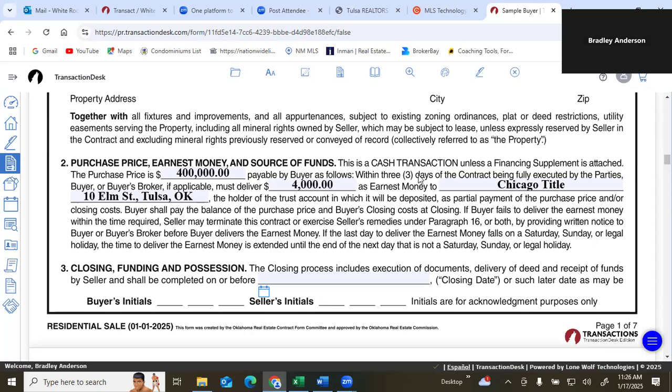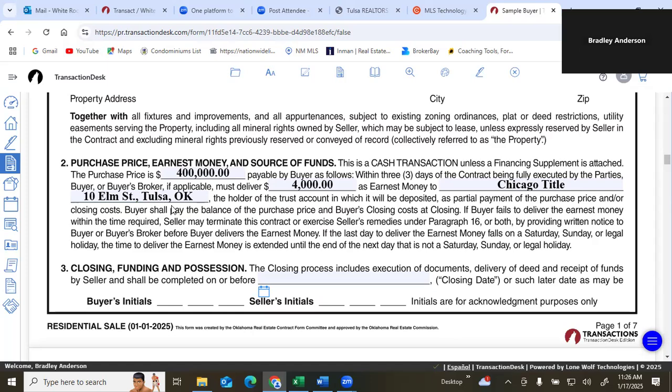Now, it gives you 3 days. All right. And that's calendar days. That's important. It's not business days, it's calendar days. All right. The holder of the trust account in which it will be deposited as partial payment of the purchase price and or closing costs.